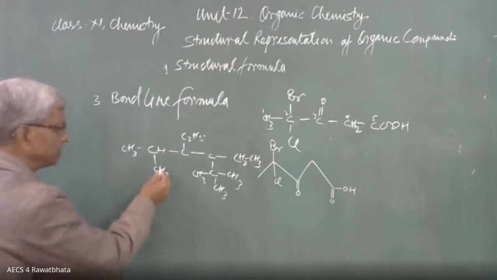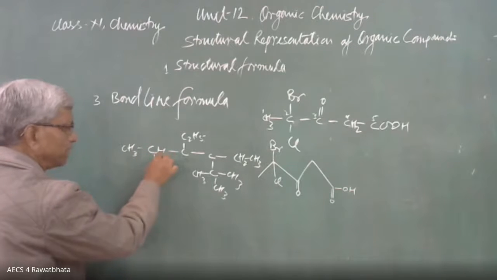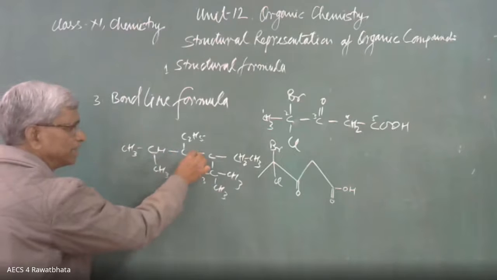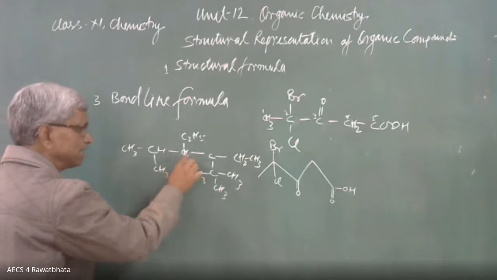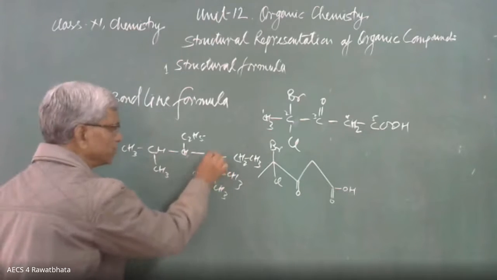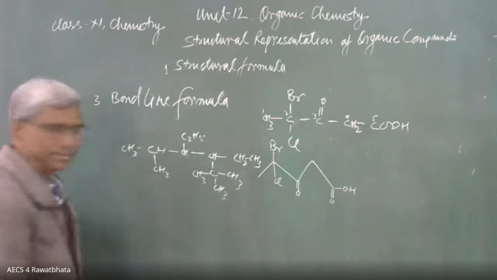Okay, attach hydrogen. 1, 2, 3, 1 hydrogen, 4, 1, 2, 3, 3 bonds, 1 more hydrogen, CH, and here is 1, 2, 3 bonds, 1 hydrogen, and it is like that.